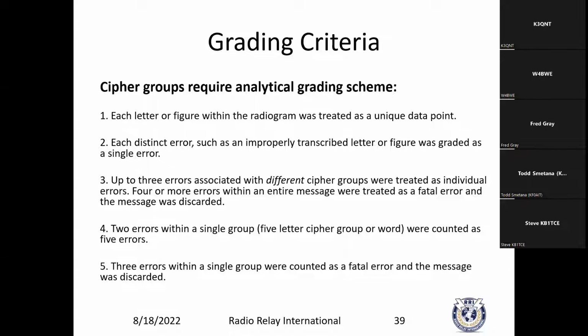Now, you don't have to use this specifically, but this is in keeping with a lot of professional engineering methodologies. You have to have some kind of scheme to determine whether the message was a failure.